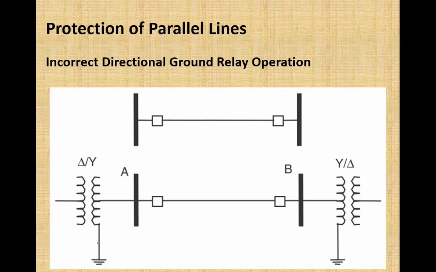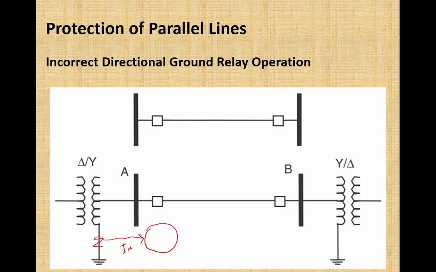Here in this line section AB, we had used a directional ground fault relay for the protection of this line. What does it mean? For this directional ground fault overcurrent relay, the polarizing quantity will be this current from the neutral. That is the reference.